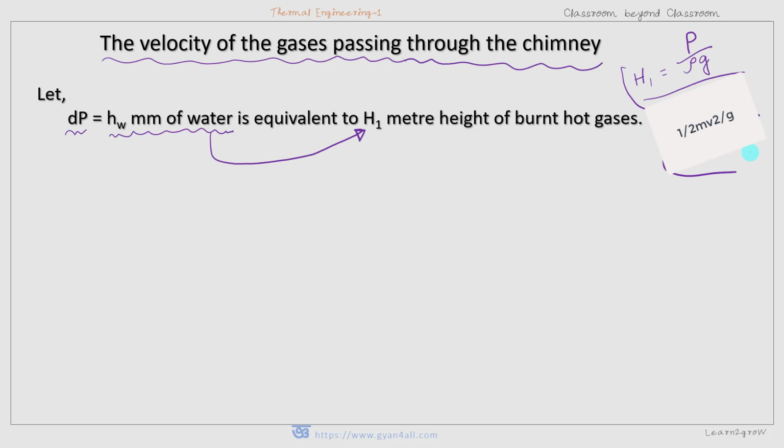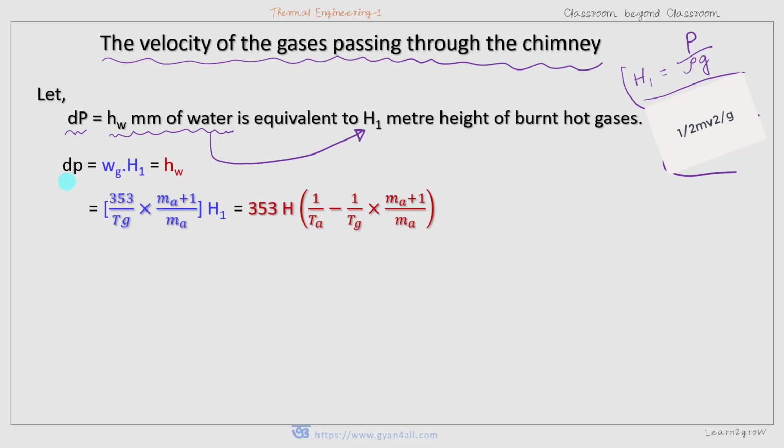The static pressure required to produce the velocity of fluid is called the velocity head. And the internal energy of a fluid due to pressure exerted on its container is called pressure head. So dP is equal to, in terms of pressure head, Wg, specific weight of gas, multiplied by the pressure head, and that is equal to Hw.